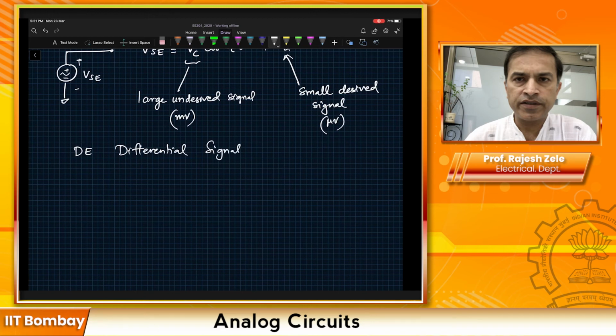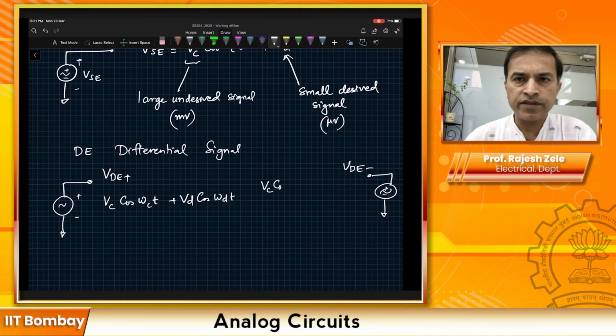We show it like this. So you have two outputs. One of them is VDE plus, which is VC cos omega CT plus VD cos omega DT, and on the other side I'm going to show VDE minus, which would be VC cos omega CT minus VD cos omega DT.